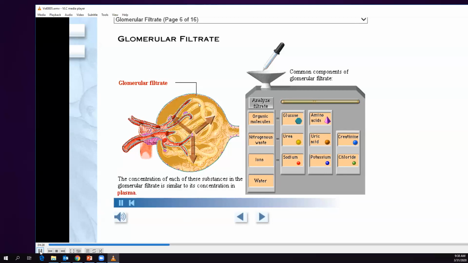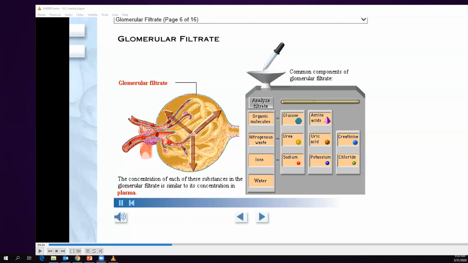Okay. All right. So, here we go. The concentration of each of these substances in the glomerular filtrate is similar to its concentration in plasma. Okay, so that's another concept. Filtrate is isotonic to plasma.